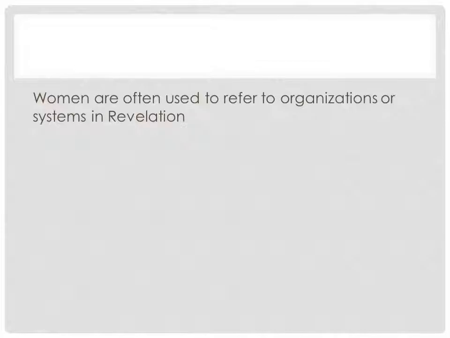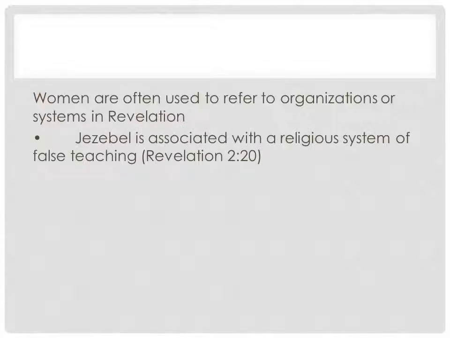All right, women are often used to refer to organizations or systems in the book of Revelation, and we're going to see the woman who represents Israel talked about, and then other descriptions of women are going to be given throughout the rest of the book that we'll get to in upcoming lectures.